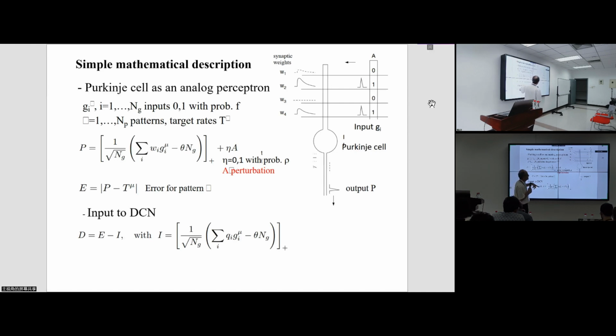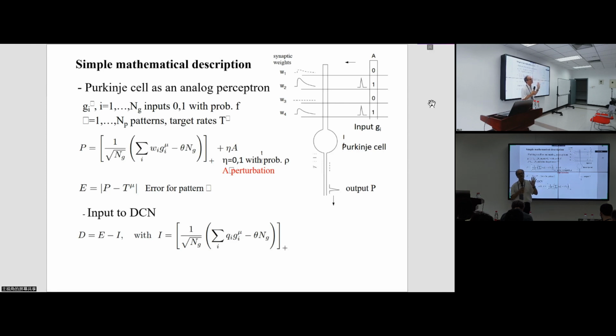This would be what will go to the DCN, and this is the error, and this is the inhibition coming from this pattern. So if the error is bigger than this inhibition, you will fire, otherwise you won't. So this is exactly the same as before, but here the inhibition is specific to the pattern.